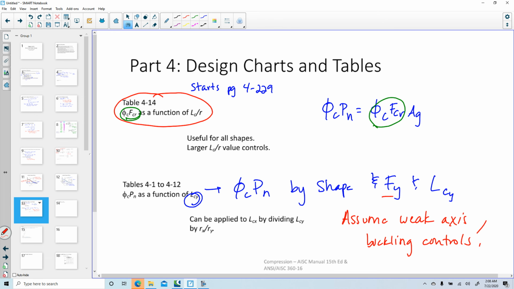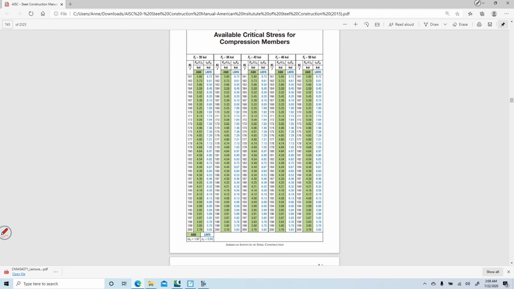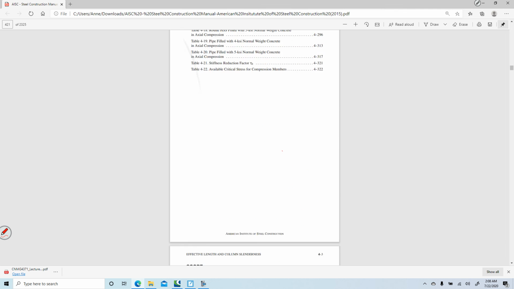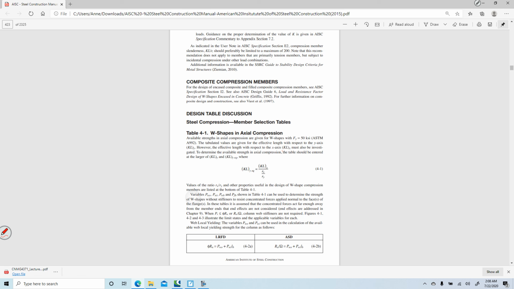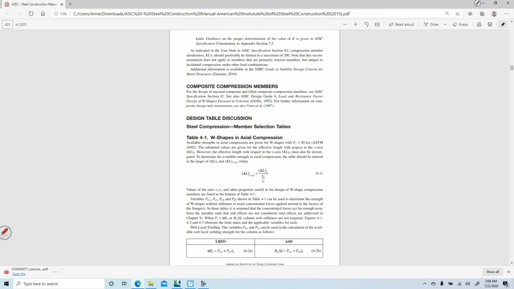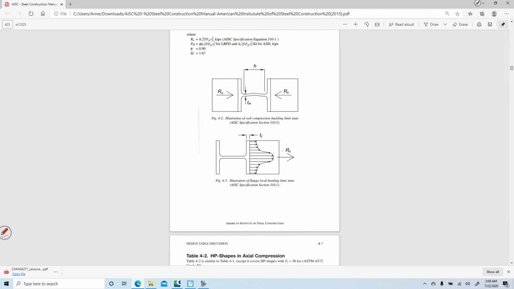So make sure you have the right FY at the top. I'm saying that because if you look at the notes, oh, they're not in there. Is that true?